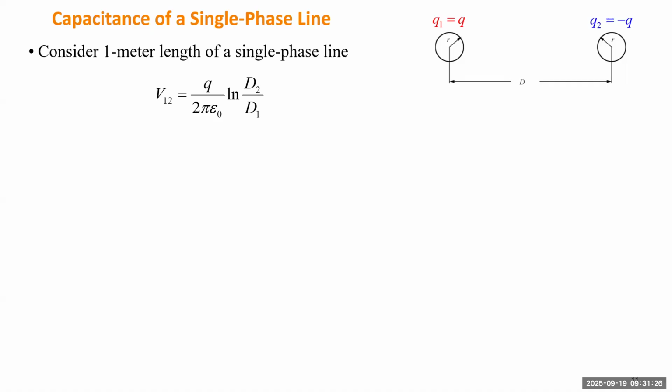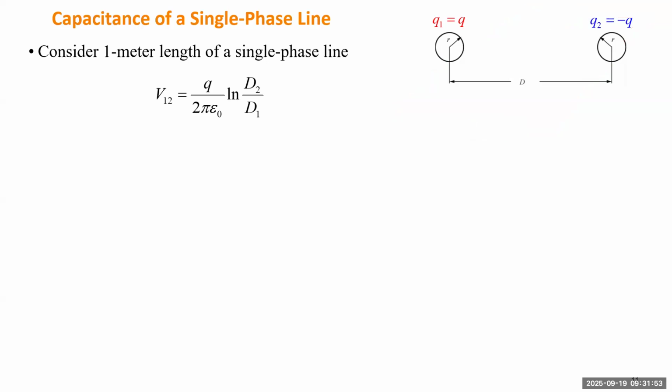For capacitance, we have to assume a certain layout of the transmission line. A transmission line will have two conductors. One conductor may be sending the current, and the other is sending current back. You can think there's a load on one side and a source on the other side, which is a single-phase AC circuit.